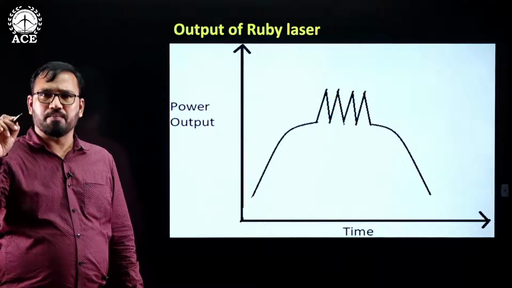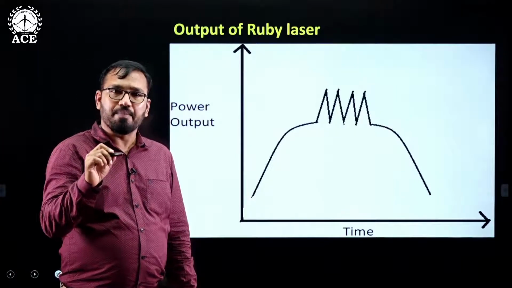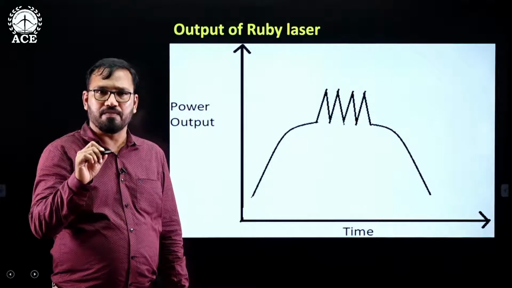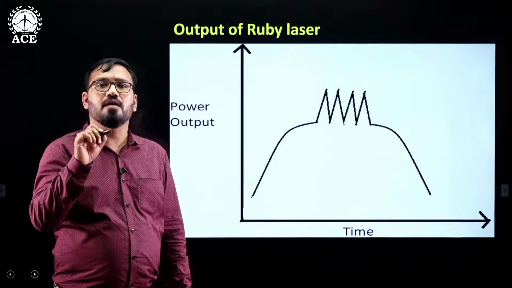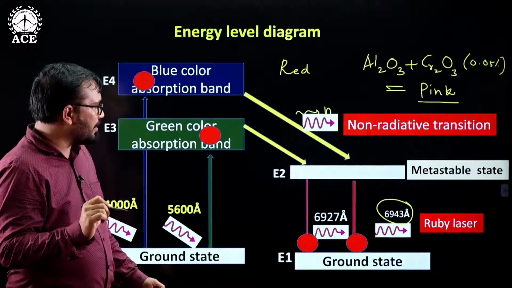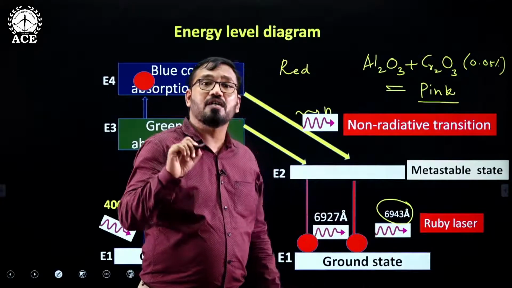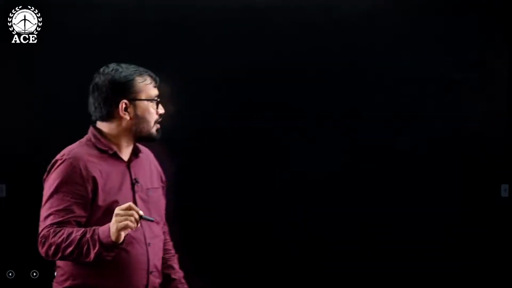The power output means the emitted ruby laser is not in continuous form.